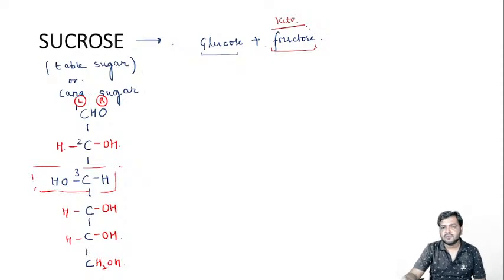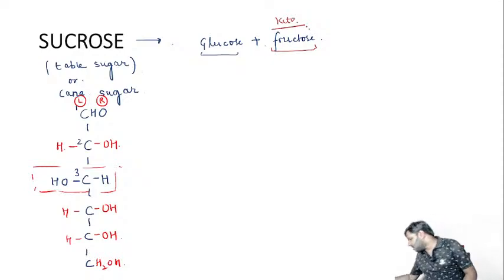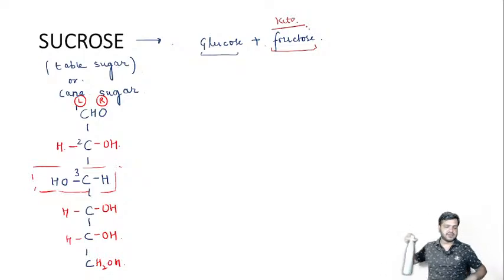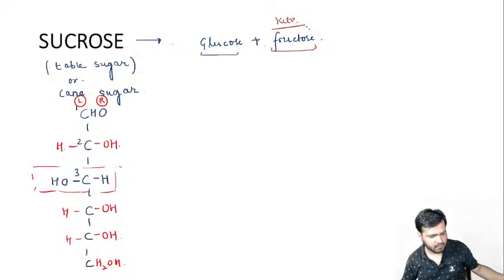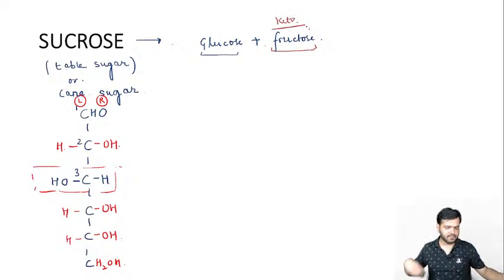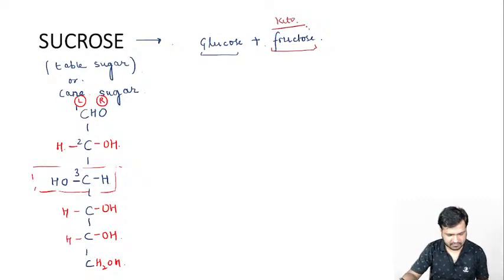The keto functional group will be present at which particular carbon? Waiting for the answers, but you guys are not studying, I suppose.